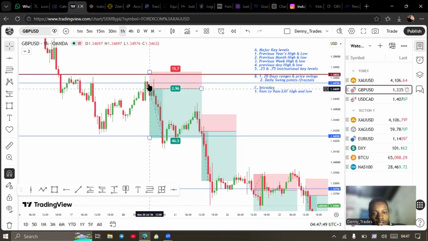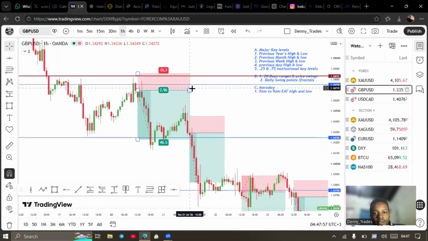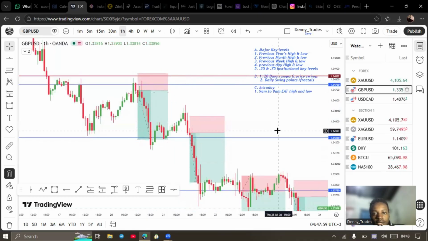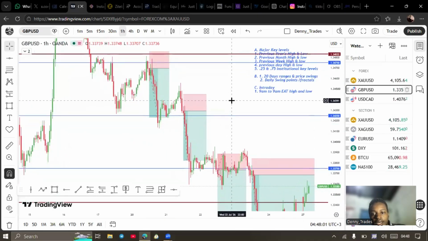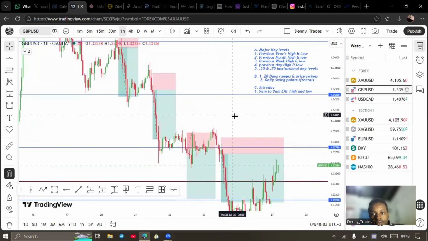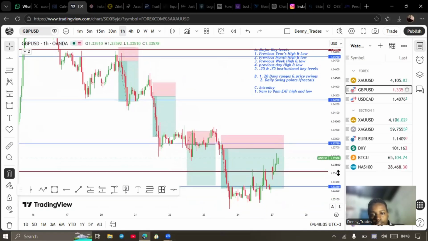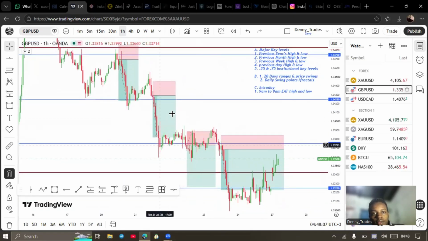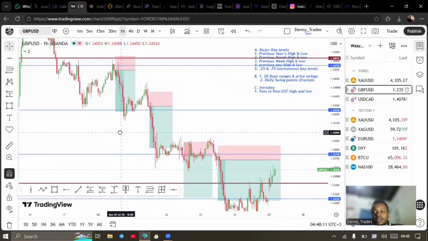You enter on the fourth candle, with a stop loss of 15 pips and TP of 45 pips. So that's how you will be getting trades on the hourly chart. Remember, it also coincides with the 4-hour open.